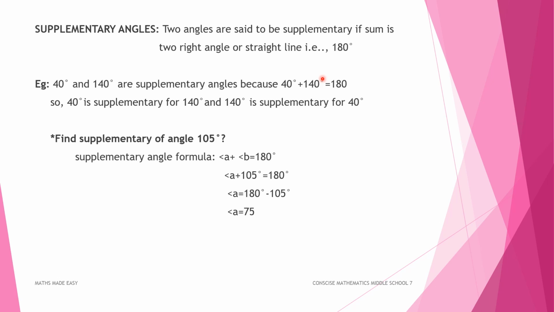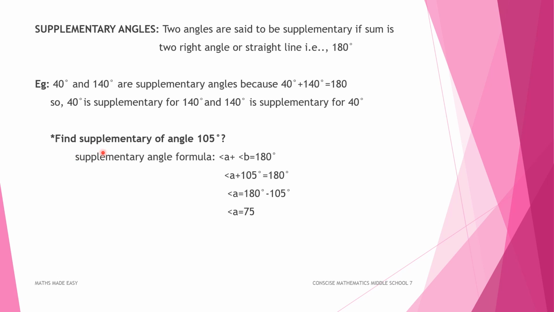When you add two angles and get 90 degrees, it's a complementary angle. Similarly, here 40 is the supplementary of 140, and 140 is the supplementary of 40. If they give one angle and ask you to find the other, it's very easy to find.